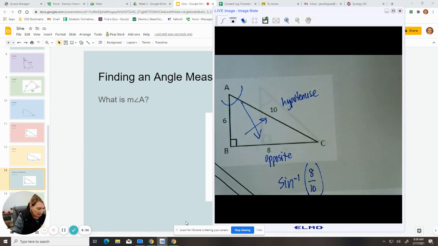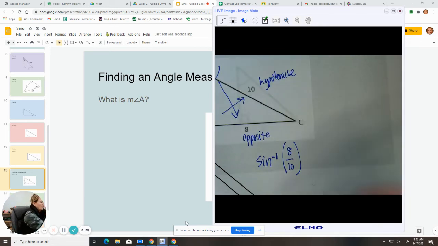angle measure. And again, on most of your calculators, it's going to be a shift sine. Some people were saying they couldn't figure out where it was. If you are on your phone, you have to turn your phone sideways to be able to see your sine and tangent button. But worst case scenario, go to Google, type in scientific calculator, and it would do it.